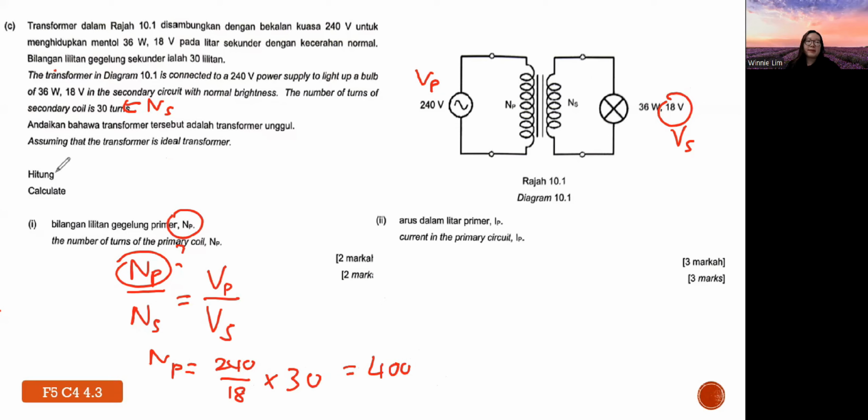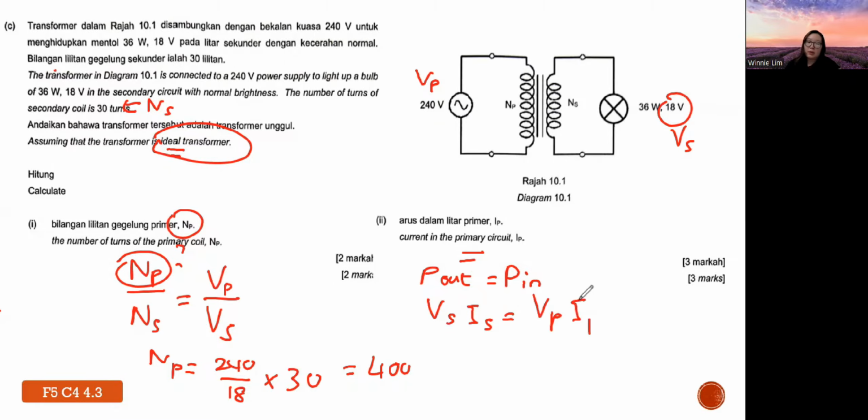Then the next part under this question is to calculate the current in the primary circuit. Here they are saying that this is ideal. Ideal means your output power should be equal to input power, where there is no loss of energy. So we will have VS IS equals to VP IP, but they want me to find IP.